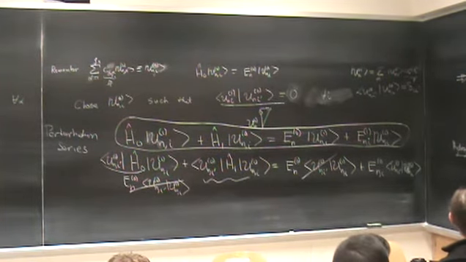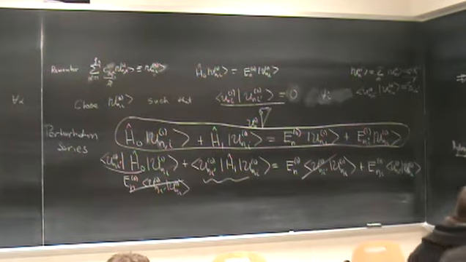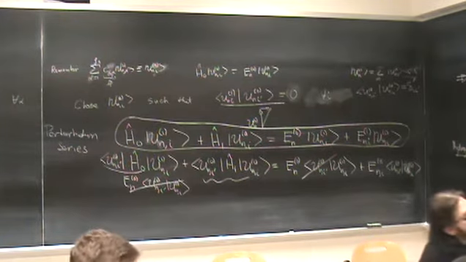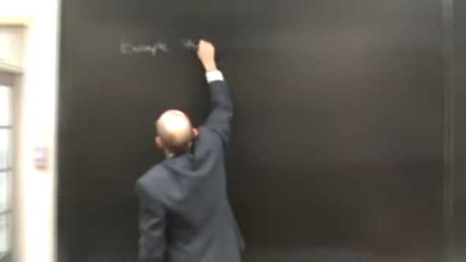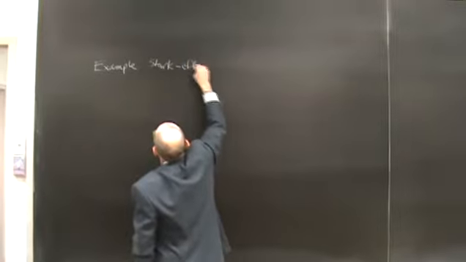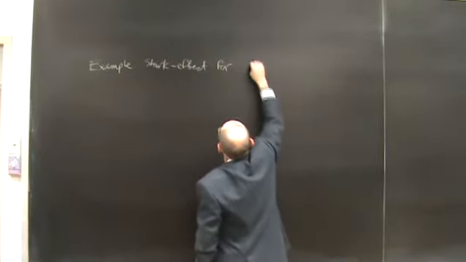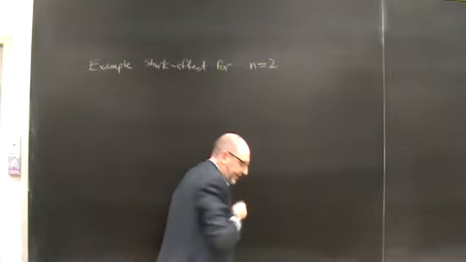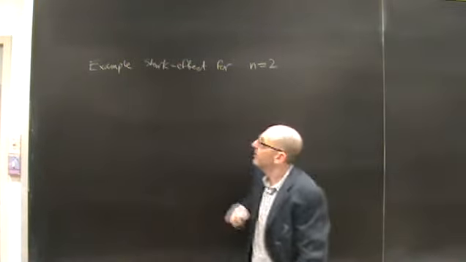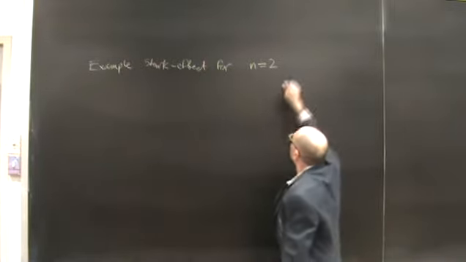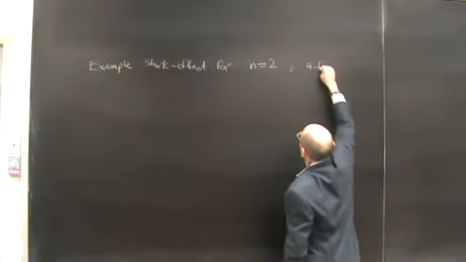All right, so let's look at this for the case of the Stark effect. Let's look at this in the particular subspace with principal quantum number n equals 2. There are fourfold degenerate.